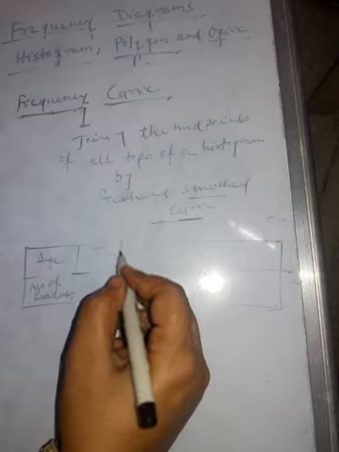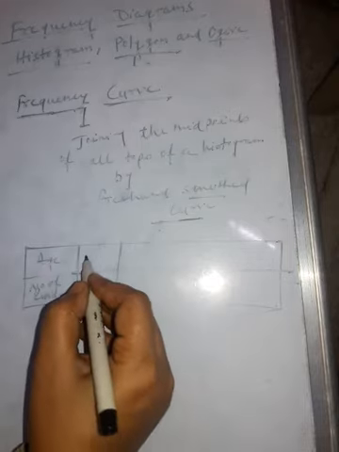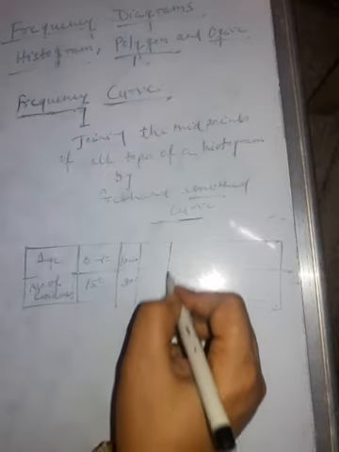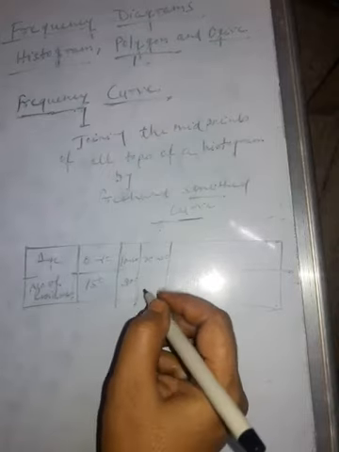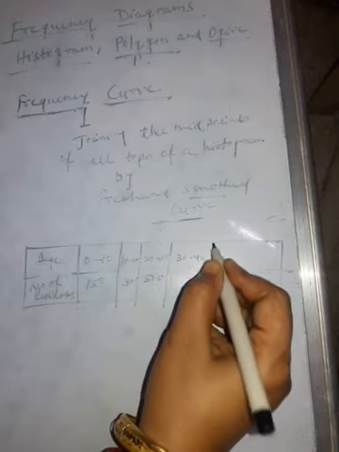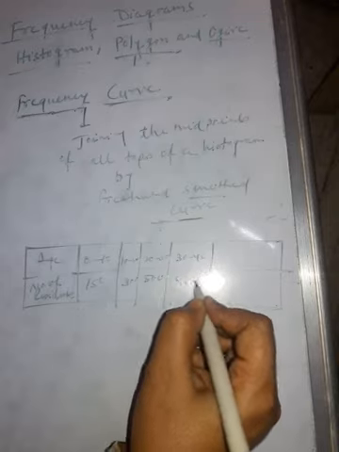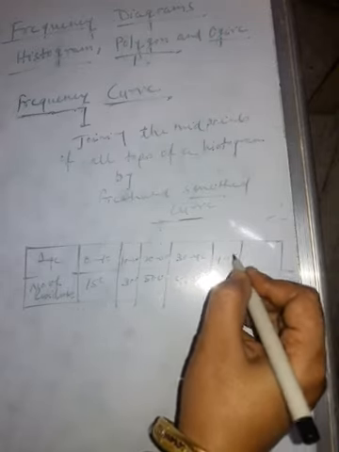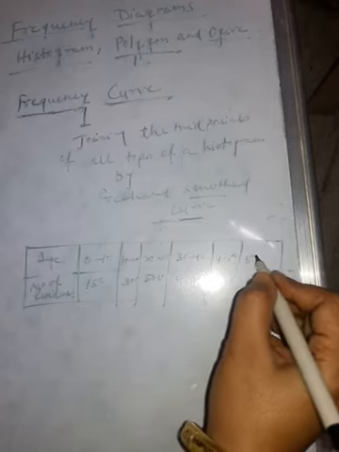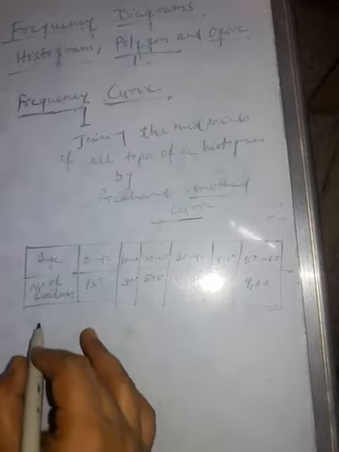Now, suppose that is the data of some locality: 0 to 10, 150 residents; 10 to 20, 300; 20 to 30, 500; 30 to 40, 800; 40 to 50, that is 1000; and 50 to 60, that is 900. Okay, now we have to show this data in the form of frequency curve.